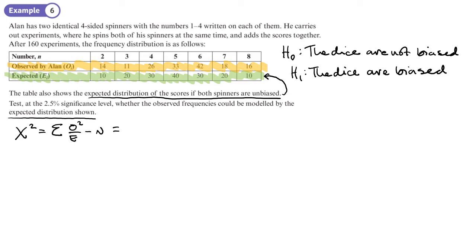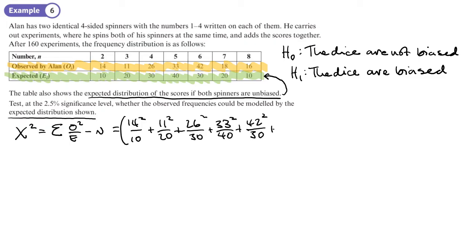So this is going to be 14 squared over 10 plus 11 squared over 20 plus 26 squared over 30 plus 33 squared over 40 plus 42 squared over 30 plus 18 squared over 20 plus 16 squared over 10, minus n, and n is the number of experiments, 160.